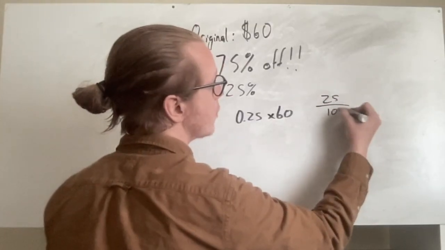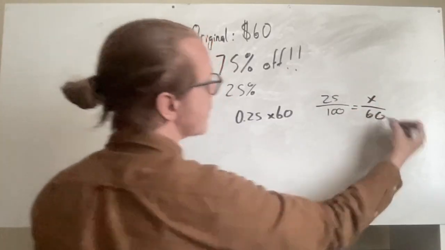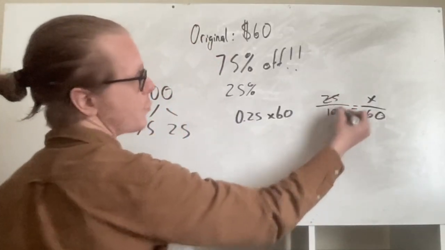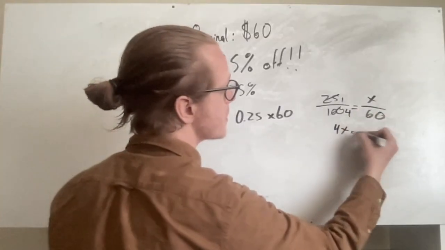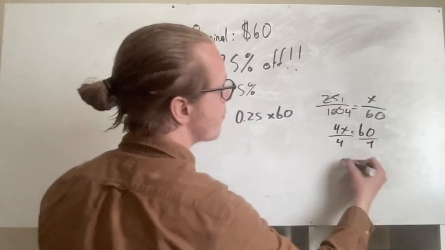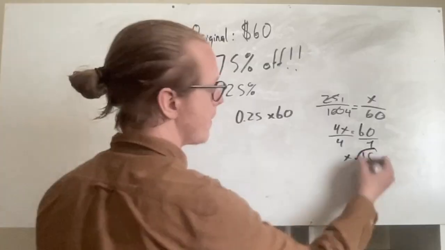25 over 100 equals x over 60. Okay, we can even simplify this to 1/4. Cross multiply, 4x equals 60. Divide by 4, we get x equals 15. So you would pay $15.